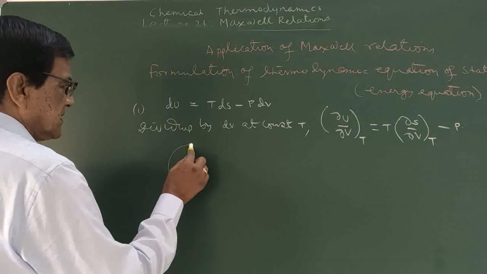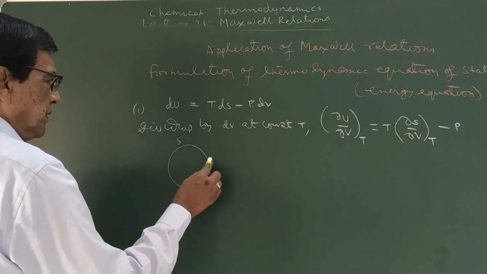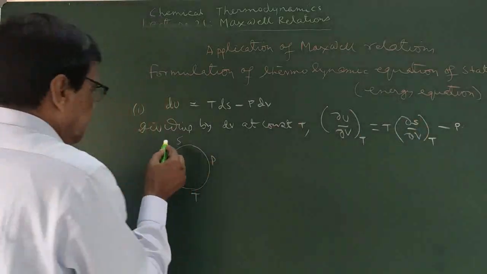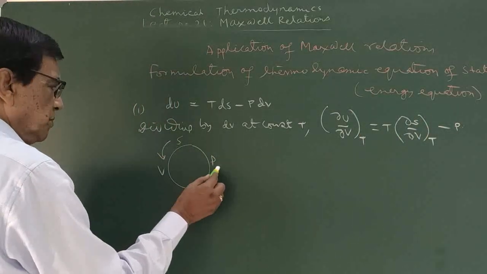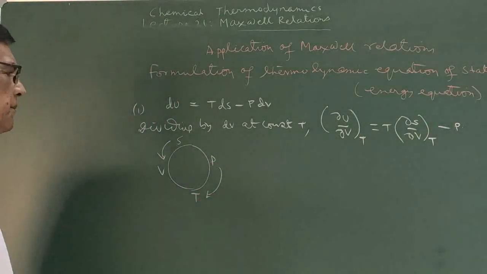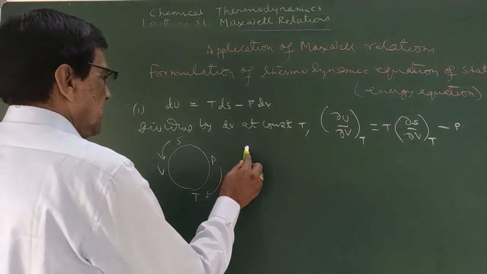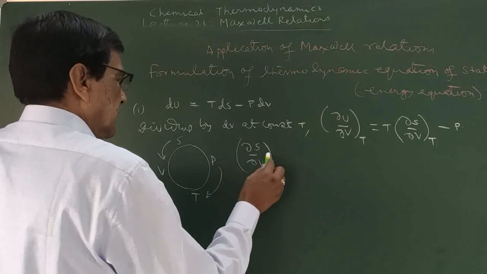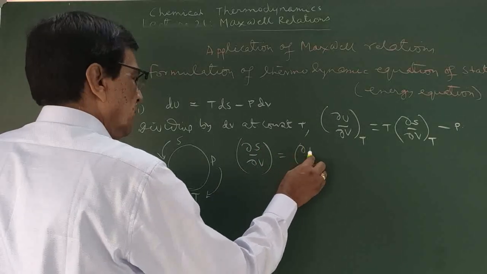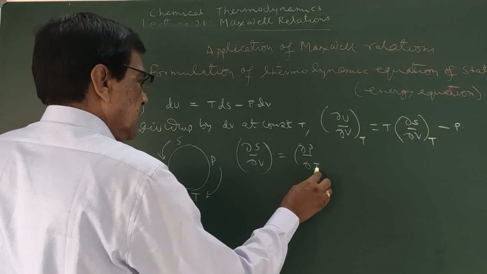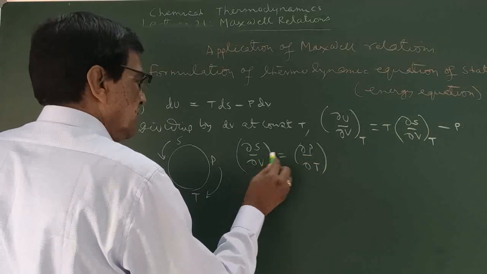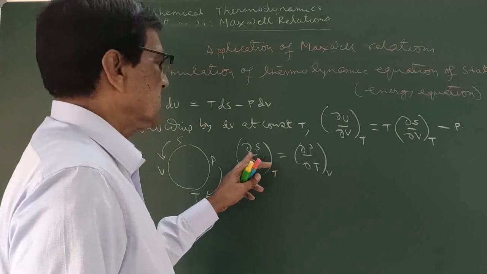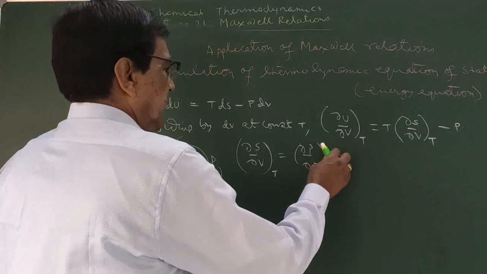Maxwell's relation is like that: S and V, and P and T. So these relations will be del S by del V at constant T equal to del P divided by del T at constant V. So instead of this term, I can write this one.